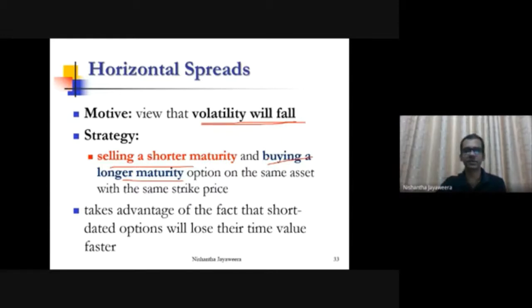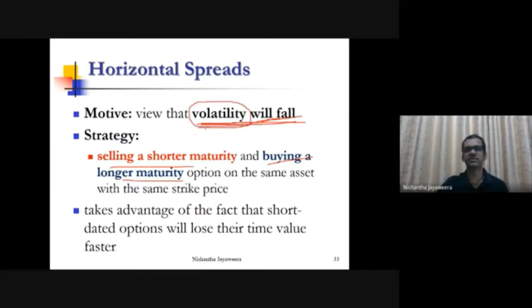Which one you expect prices to go up and which one you expect prices to go down or go up by a small amount. Because once you get the exposure to this volatility, irrespective of the underlying price movement, you should get exposure only to the volatility, not to the price change. That's why we do 2 transactions.